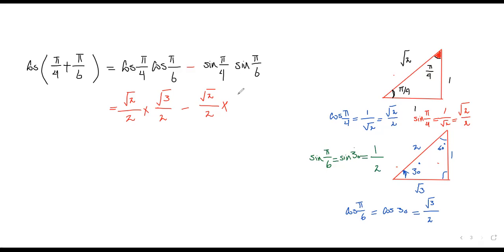And it becomes multiplied by 1 over 2. Then simplify that further. We have the square root of 6 over 4. We have minus, we have the square root of 2 over 4. We can rewrite it in the last version as square root of 6 minus the square root of 2 over 4, and we are done.